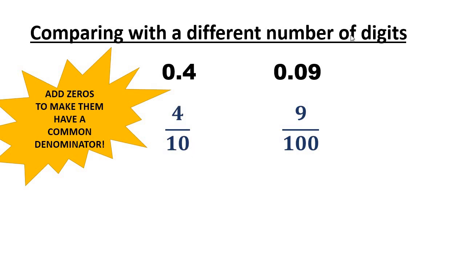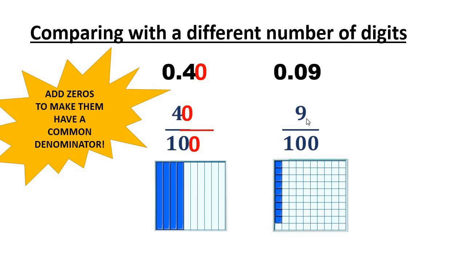So this one's out of tenths, this one's out of hundredths. So if I add a 0 to the end of this 4, now I have 40 hundredths. And now it's a lot easier to compare 40 hundredths to 9 hundredths. So if we look at the picture here, you're going to see that 40 hundredths, 4/10, is definitely greater than 9 hundredths.